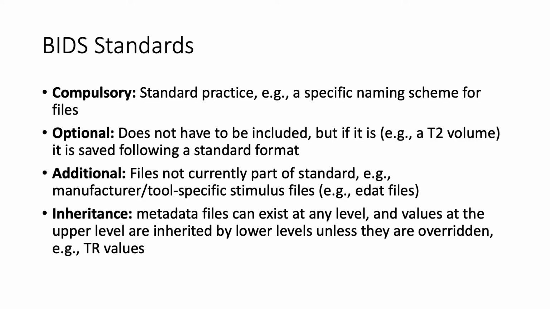And finally, the idea of inheritance, the fact that you can have files that exist at any level within your BIDS structure, and that the values at the upper level are inherited by your lower levels, unless you have to overwrite them. So for example, TR. If you have something standardized in terms of how you do your data acquisition, you could absolutely put it at the upper level, and the meaning up there kind of propagates down towards the files that are below.